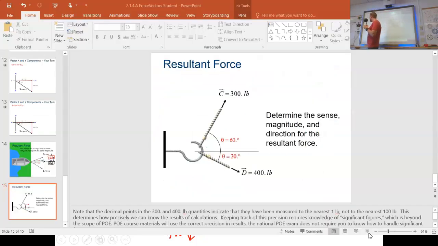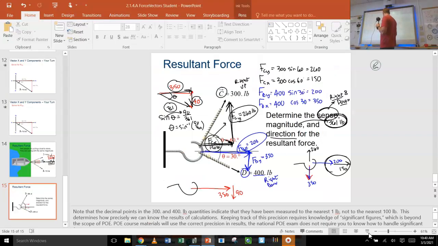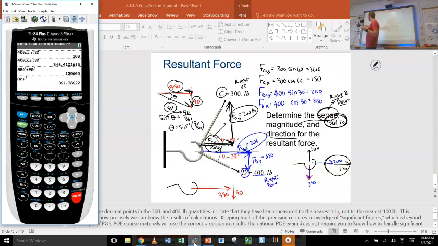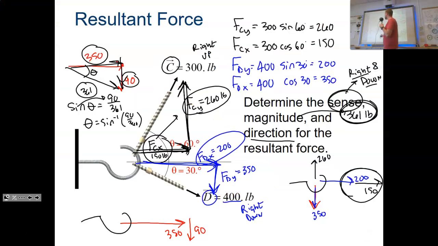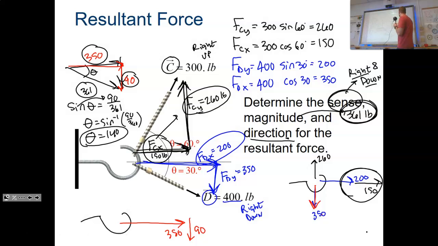I go to my calculator, second function, inverse sine, 90 divided by 361, and 14 degrees. So this direction, 14 degrees below positive x axis.